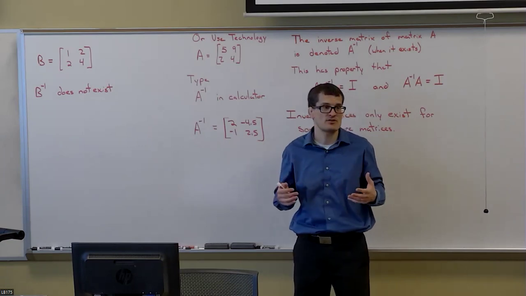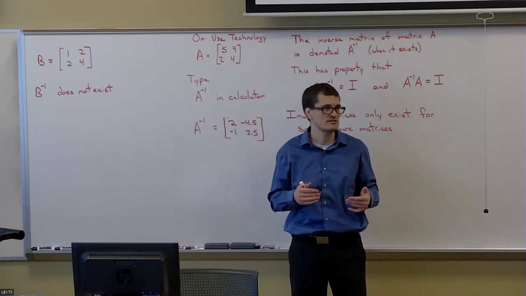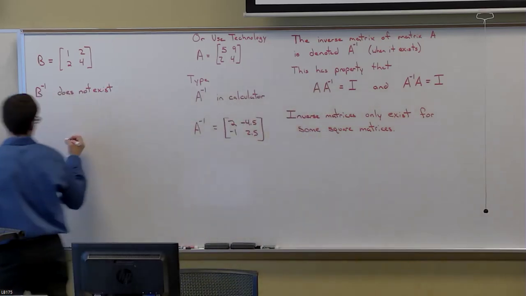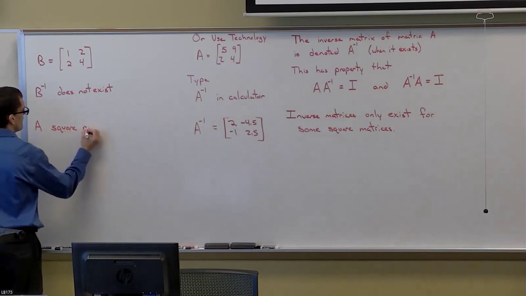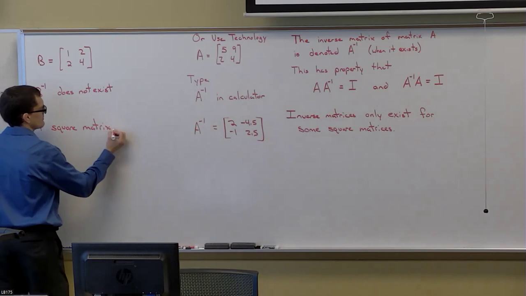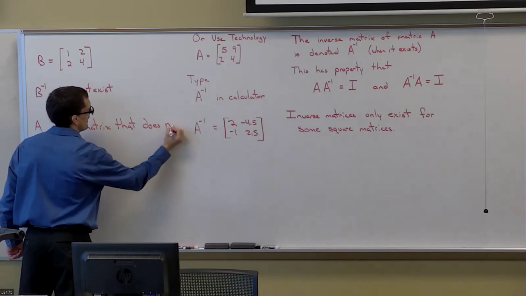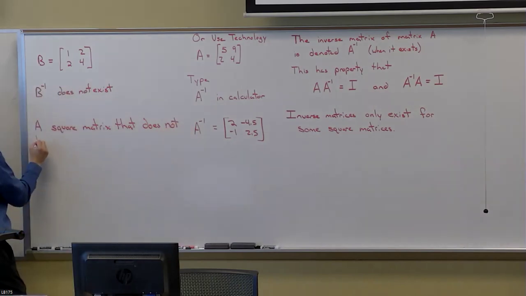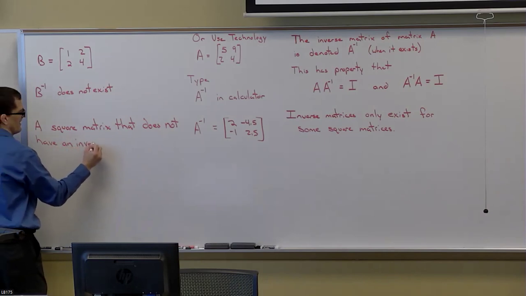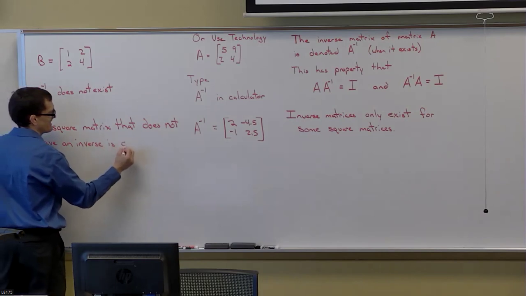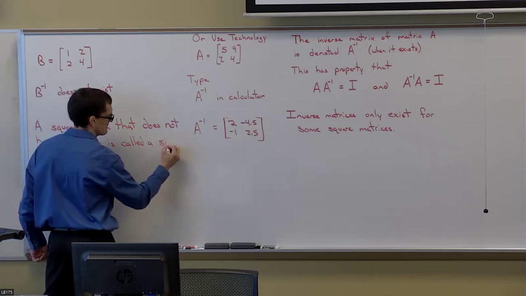And the fancy word for having a square matrix which doesn't have an inverse is called a singular matrix. A square matrix that does not have an inverse is called a singular matrix.